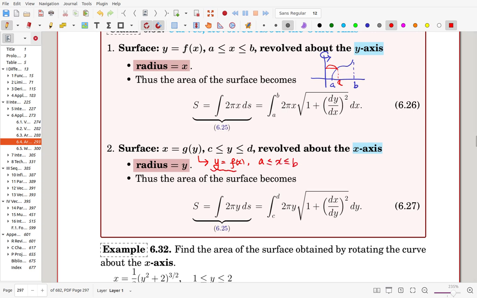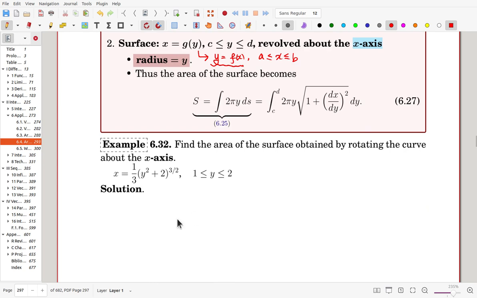But solving this is not easy, so rather than changing the formula, we try to use it, and then take the integral along the other direction. That's the idea. Okay, let's go to this example.